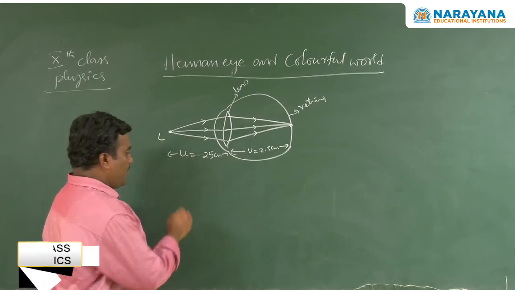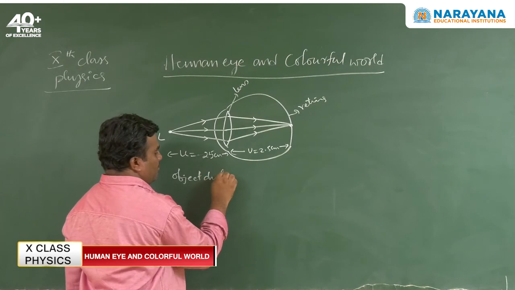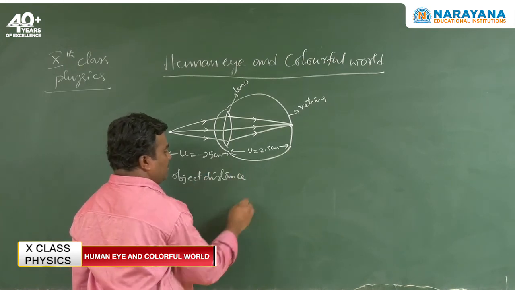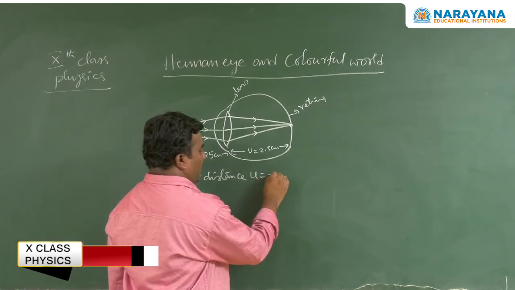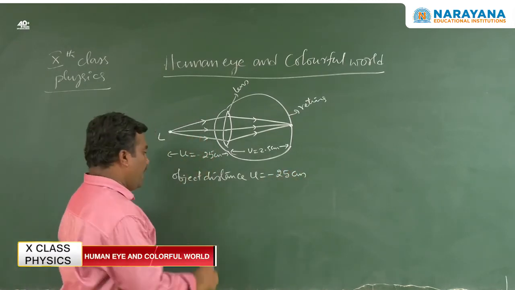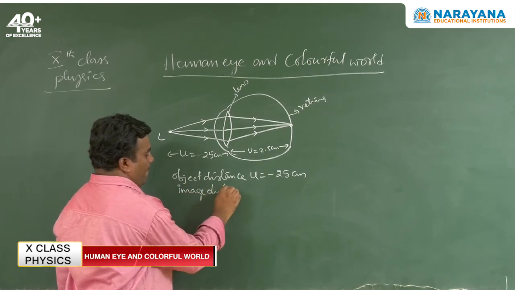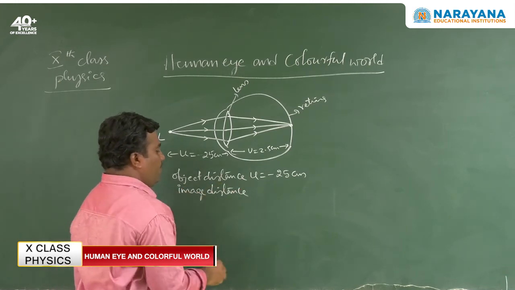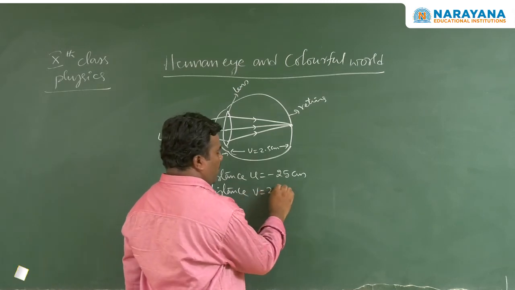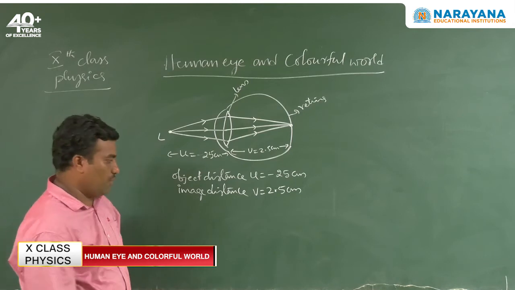Okay, so now writing here: object distance u equal to minus 25 centimeter and image distance v is equal to 2.5 centimeter. Now we find the focal length.